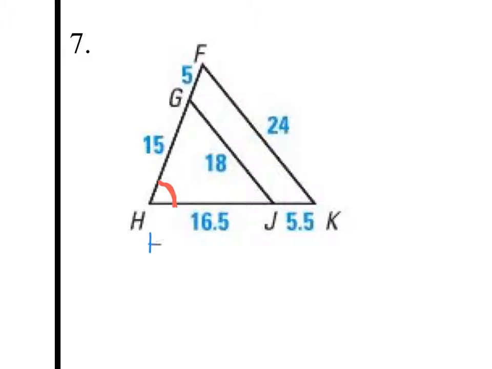Before you just start comparing away, you're going to have to get what these sides actually are. The sides for the larger triangle. This one is obviously 15 plus 5 would give me 20. What is the base? 16 plus 5 is 0.5 plus 5.5.